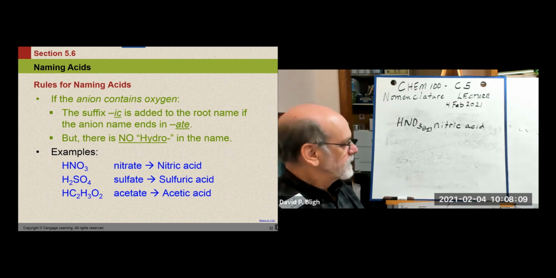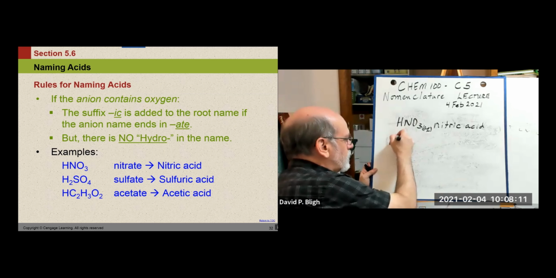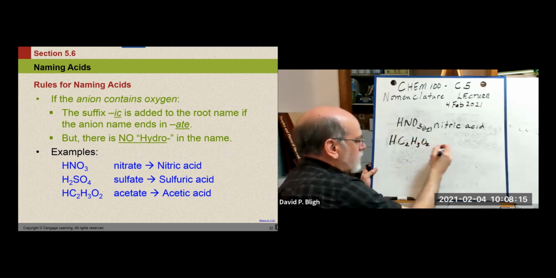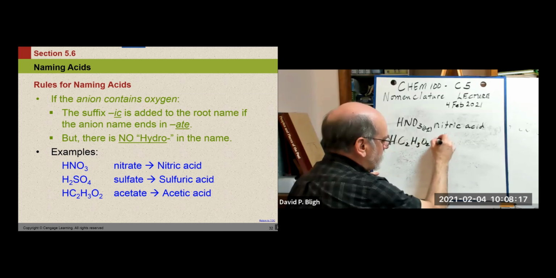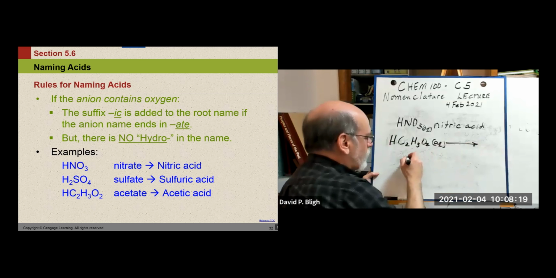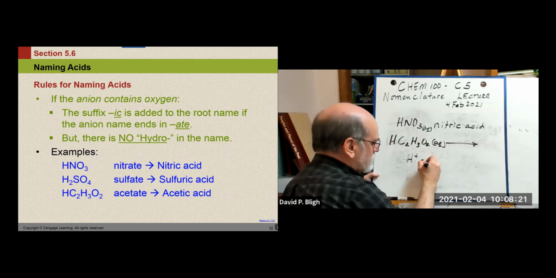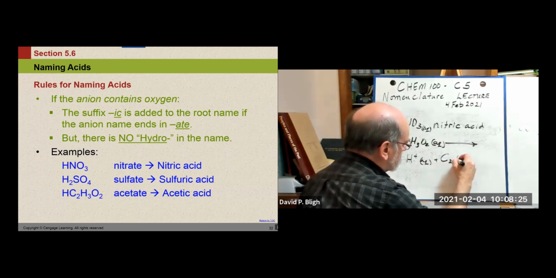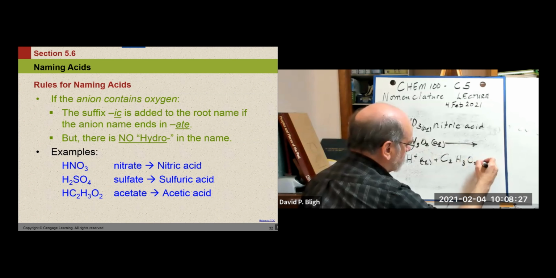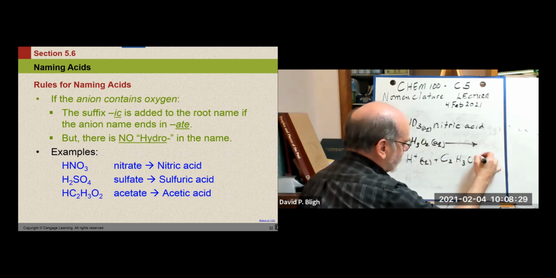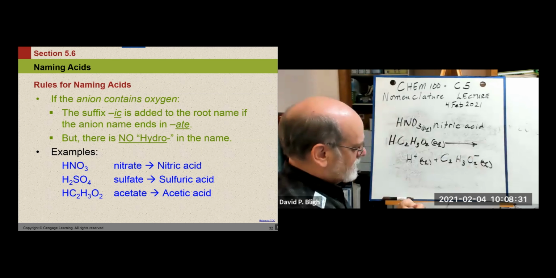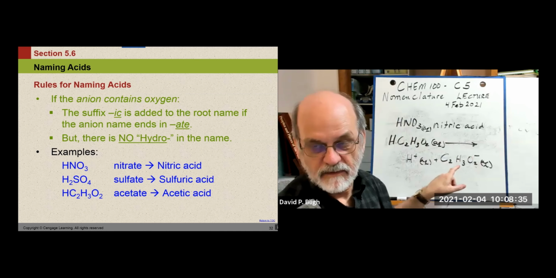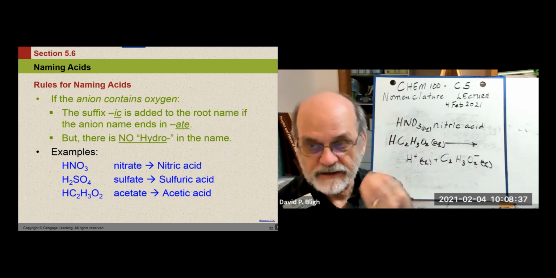In other words, when we have this one, that one can do this plus this. But those hydrogens never dissociate. They're stuck in the polyatomic ion.